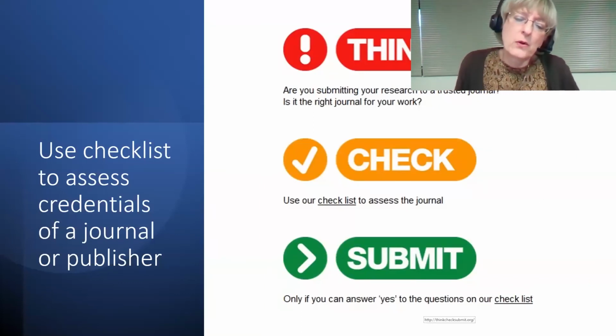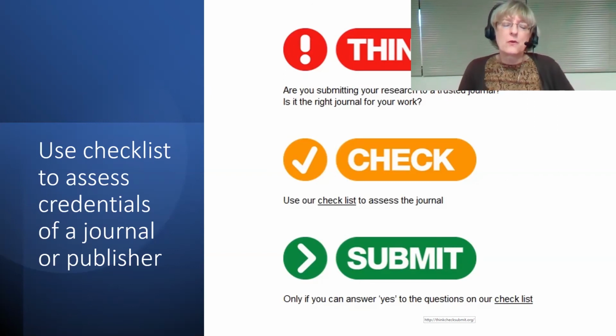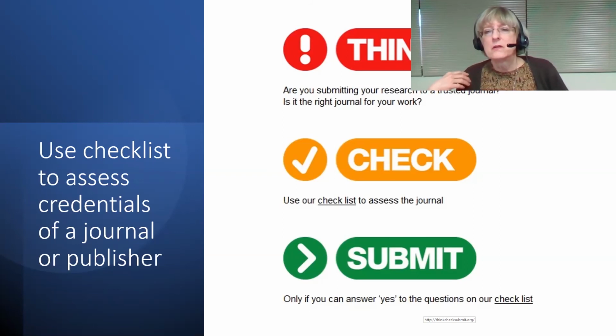And one more thing you can look at, if you've got a list of journals that you're not sure about, is there are various checklists that will take you step by step through things you should think about before you submit an article to a journal. And one that's really good is called Think, Check, Submit. And they have a website, so we're going to switch back to the web in a minute.